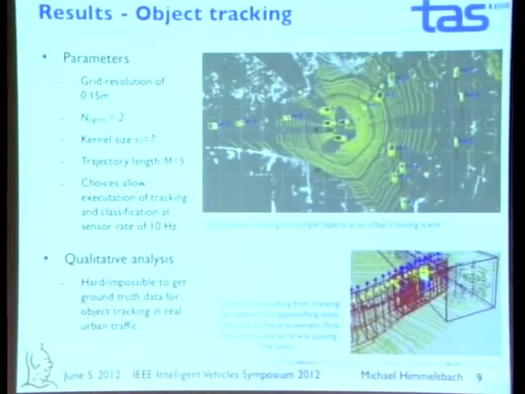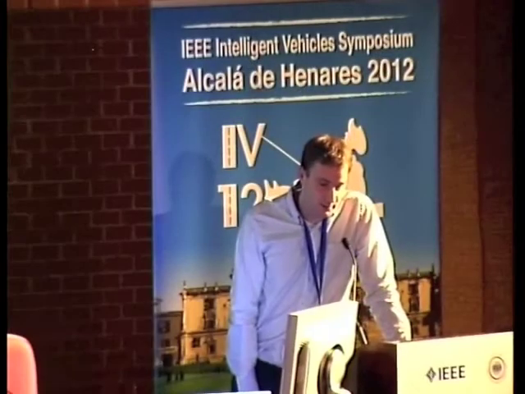They need to be equipped with some kind of inertial or global positioning system. But still you see in the picture that simultaneous tracking of multiple objects is possible, even in this challenging inner city crossing scene. And you also see that the pedestrians could be tracked nicely.